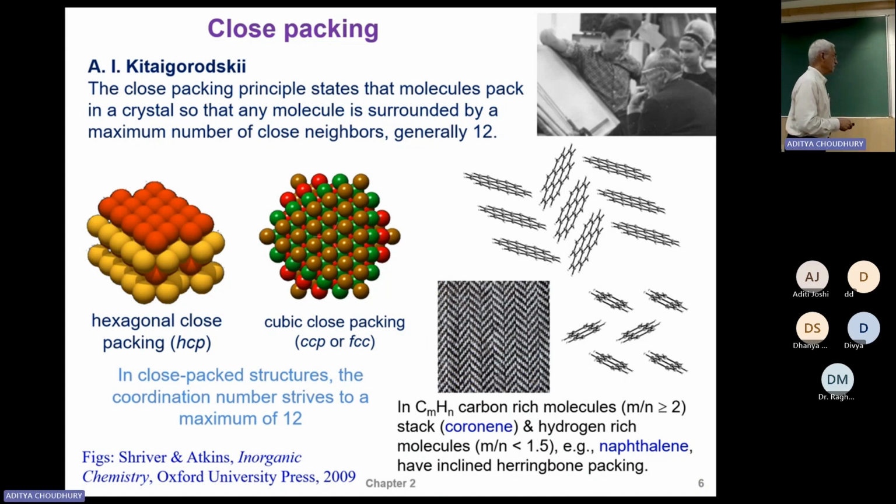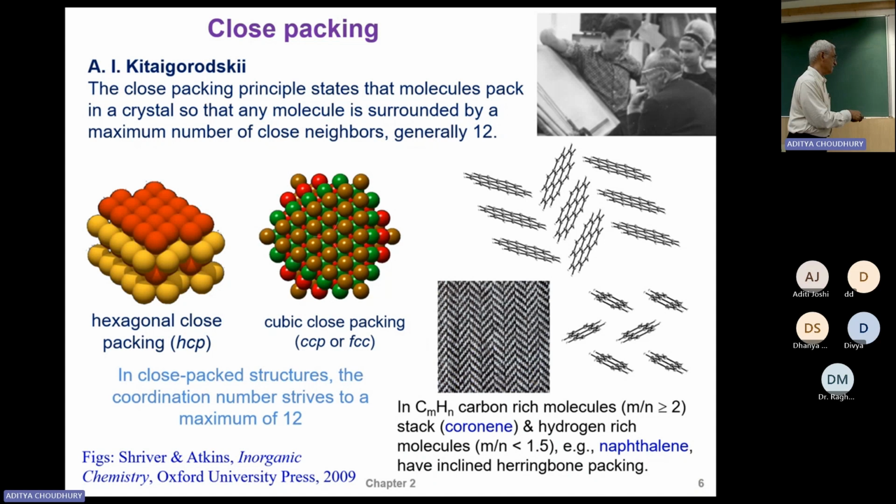Anyway, for example, if you have a hydrocarbon, CmHn, a carbon-rich molecule, where m over n is more than 2, for example coronene, they stack nicely. Whereas naphthalene, which is hydrogen rich, packs something like this.